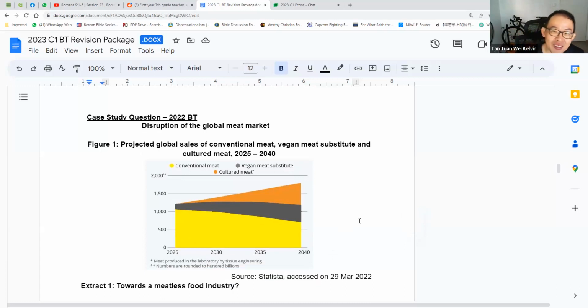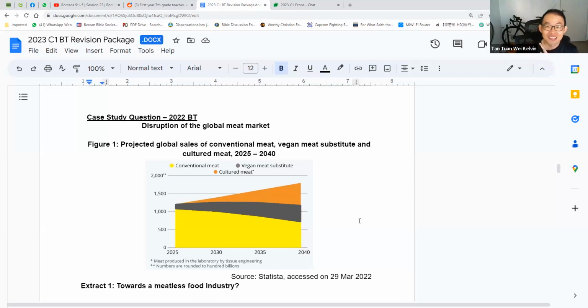There might be some students that will think it's Q, but how do you know it's not Q? Because conventional meat should be quite clear. It's not just one type of meat. When you talk about conventional meat, we are talking about chicken meat, pork, beef, all these things. So it doesn't make sense for the y-axis to be quantity because you cannot add chicken, pork, and beef directly just like that.